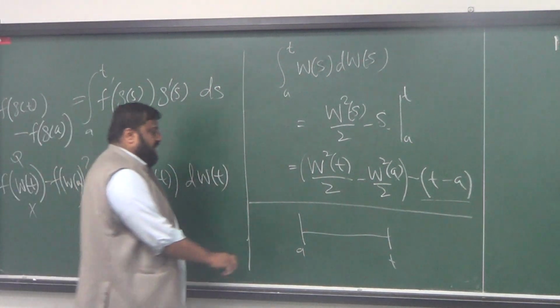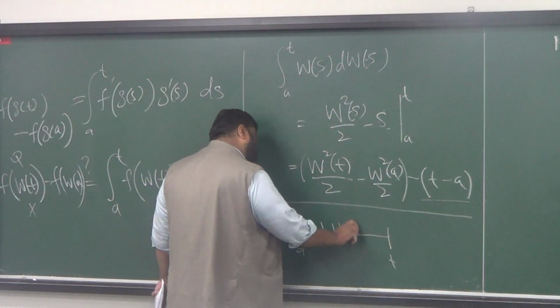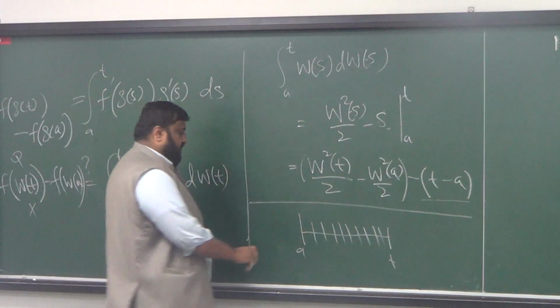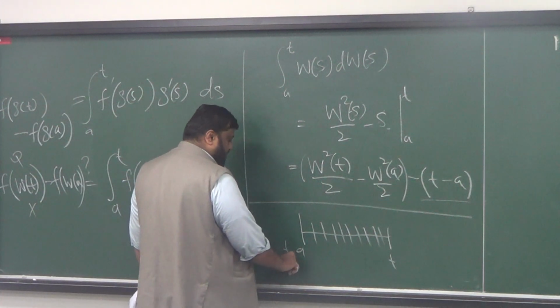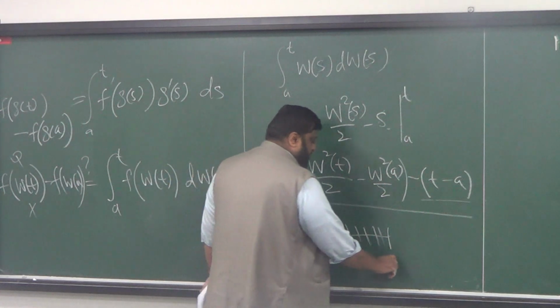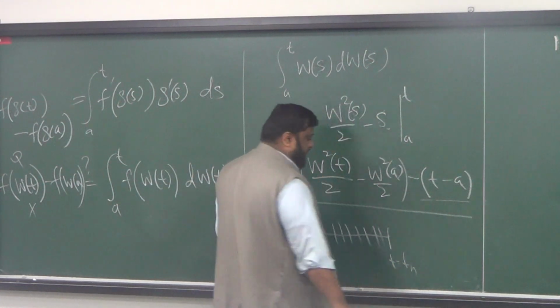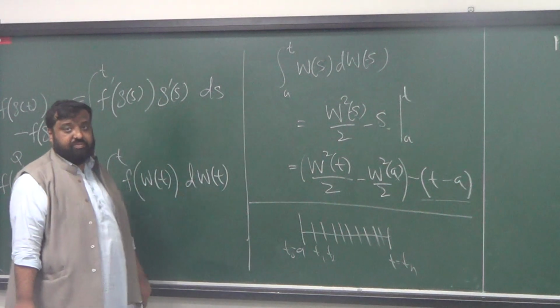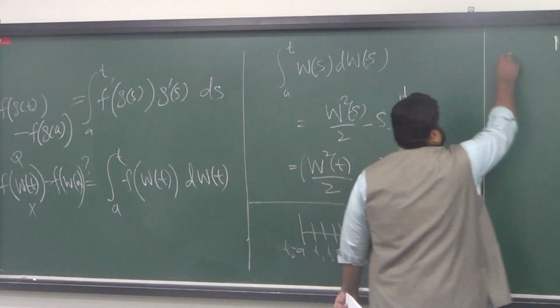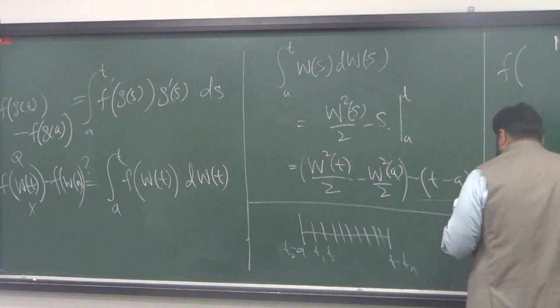Let's break down this interval into a mesh, where t0 is a, and this is t1 and t2, and the nth instant is t.